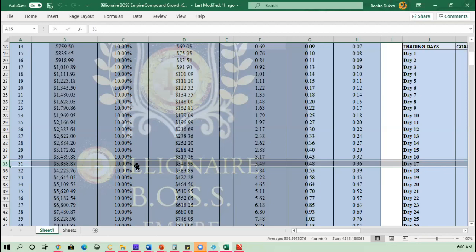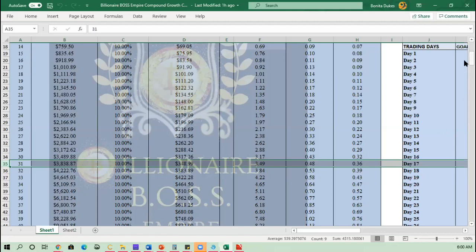If I wanted to grow by 10%, I'm looking at a lot size of 0.36 or 0.48 or 3.49. Now, let me tell you about these right here.